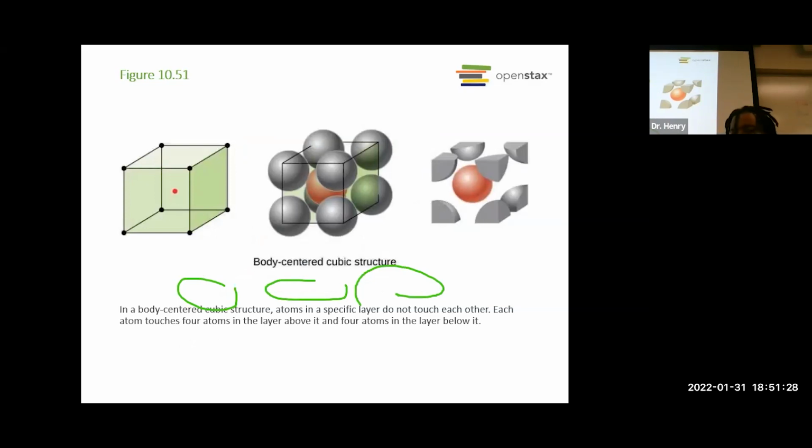Okay, so in the case of body center, the spheres at the lattice points are not touching each other, right? They're just touching the center. Let me show you another picture, a better picture.